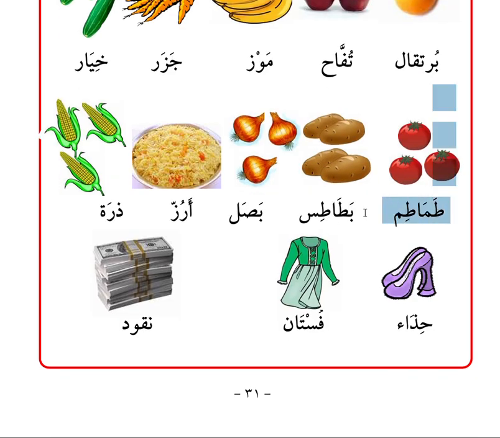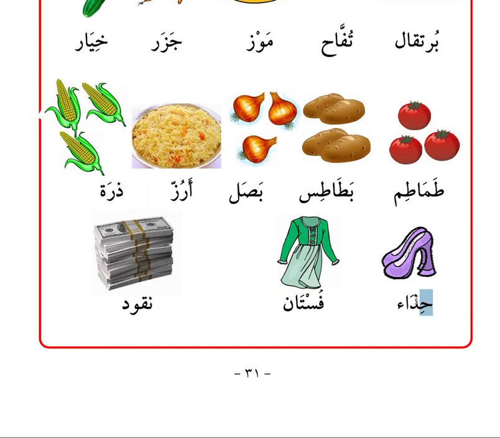Tamatim and batatis are both plural for tomatoes and potatoes. They are not collective nouns. Basal, onions. Arruz, rice. Then we have dhura, which is corn. Hidha, shoe. Here the image is a pair, but it is singular. Fustan means dress, and nuqud means money in plural.